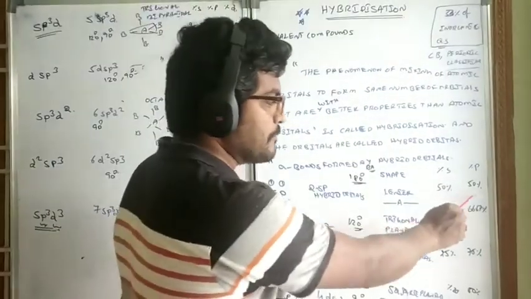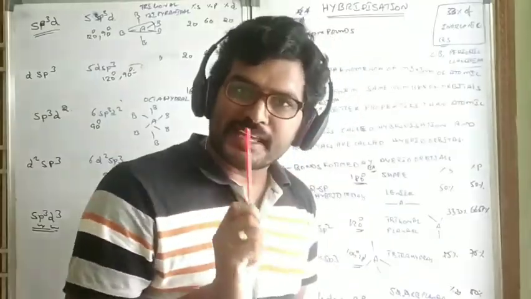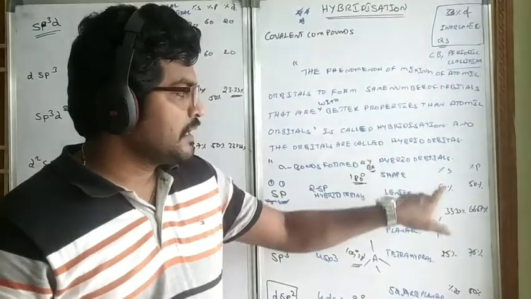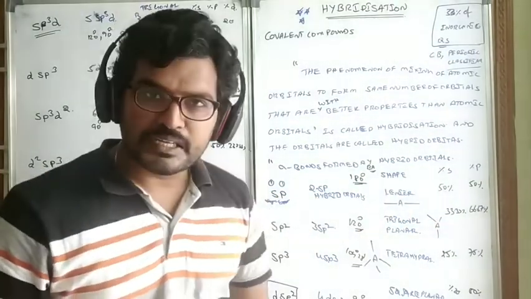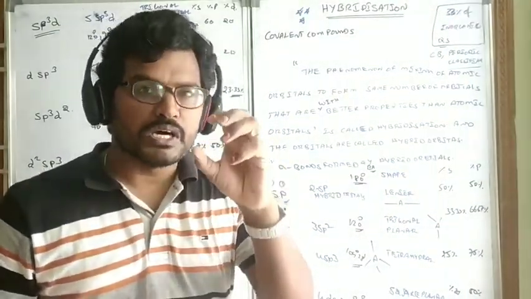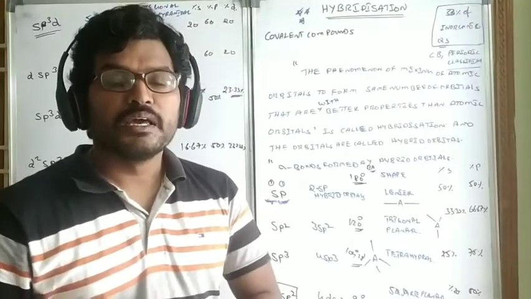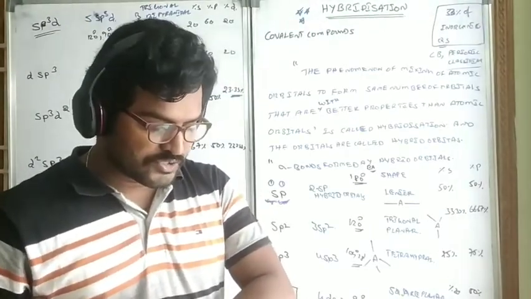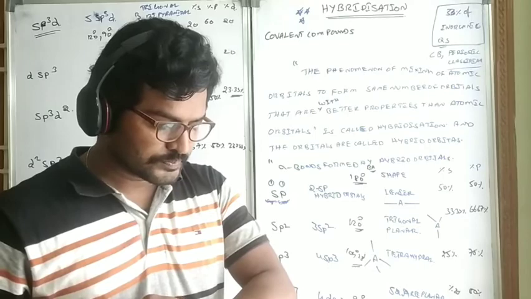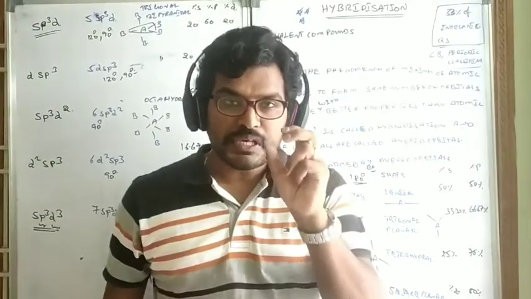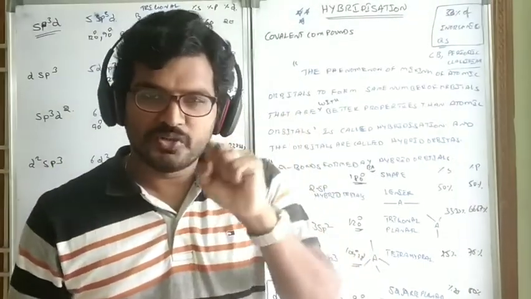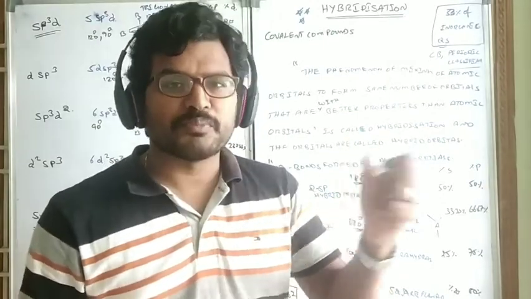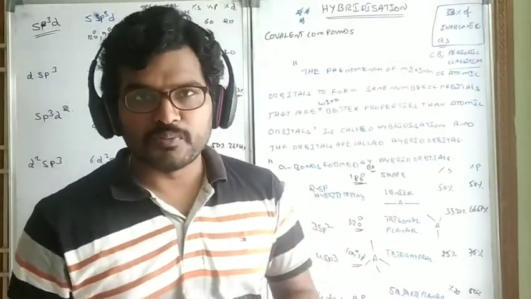See one more thing, as the percentage of s character increases, because of the small size of the s orbital, electronegativity is inversely proportional to the size.